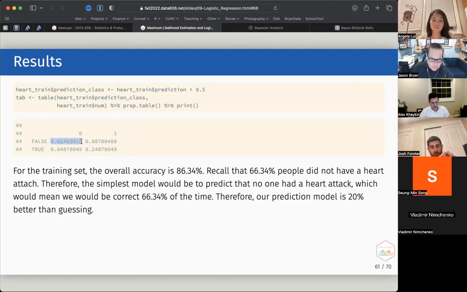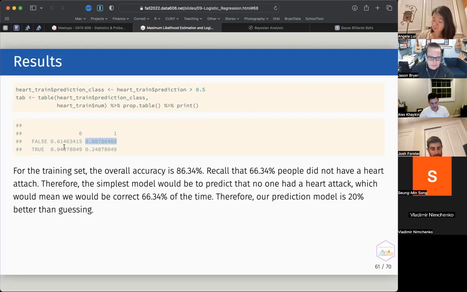So this cell represents we predicted no heart disease and they did not have heart disease. About 61.5% of individuals, we predicted no heart disease and they didn't have it. And in this cell, we predicted 24.8% of individuals would have heart disease and they actually did.